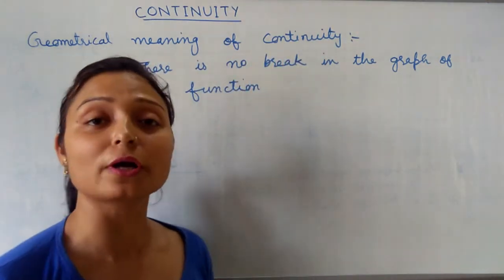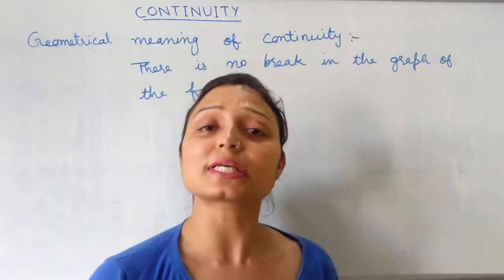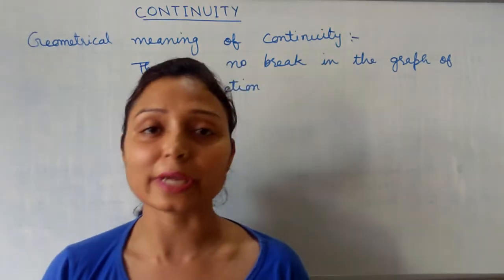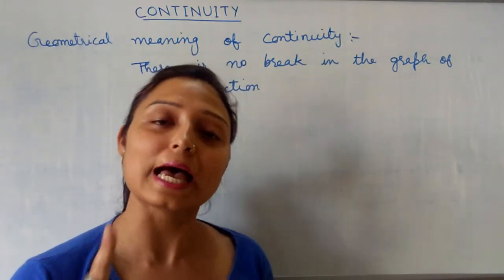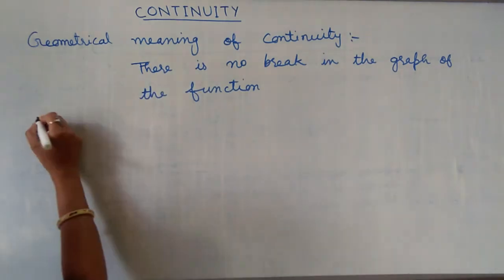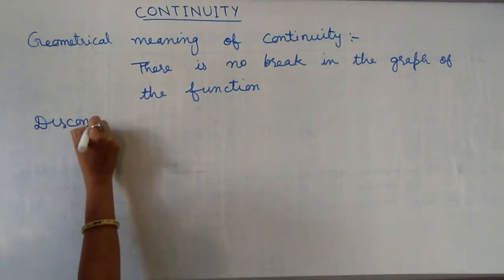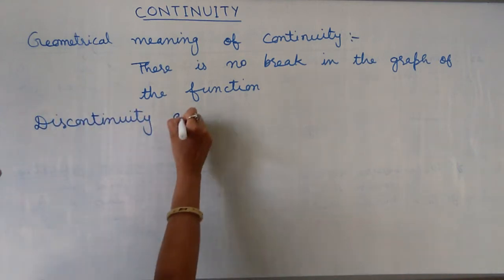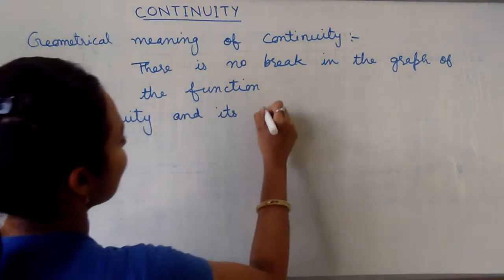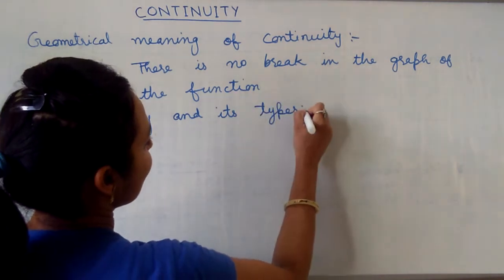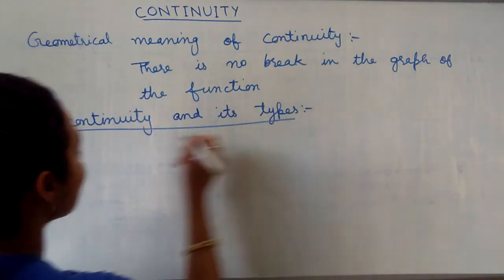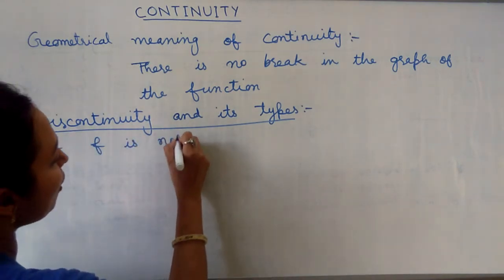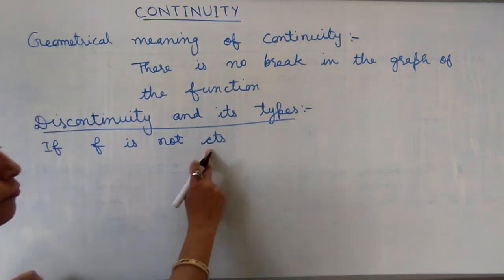Now come to discontinuity and its types. What is discontinuity? When the function is not continuous at x equals a, then it is said to be discontinuous at x equals a. Discontinuity and its types.